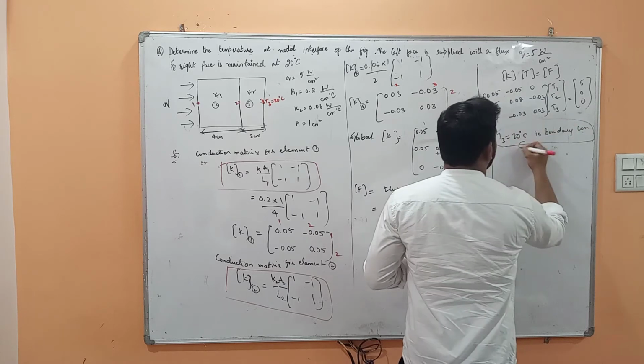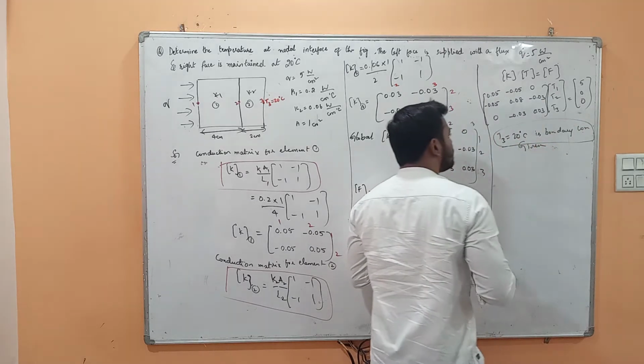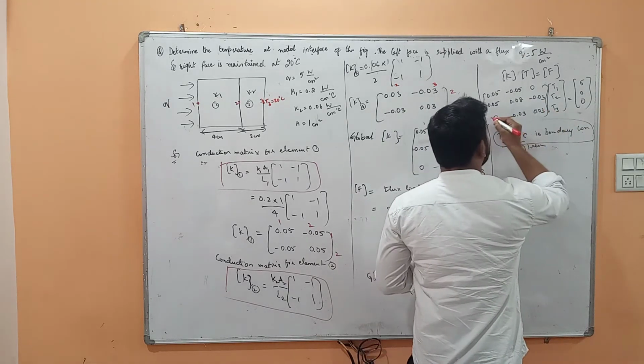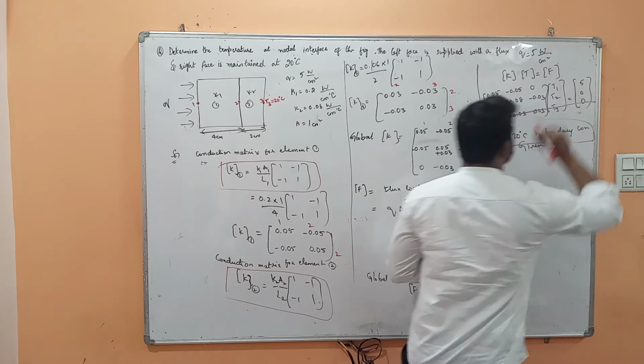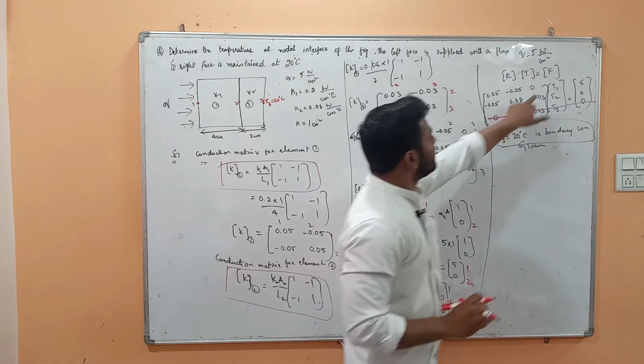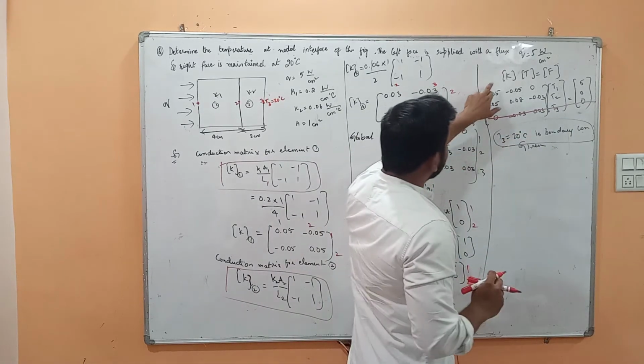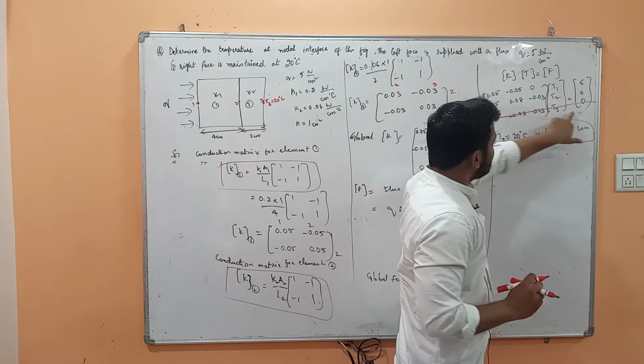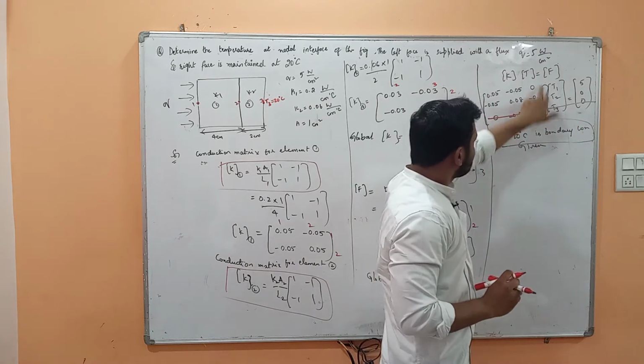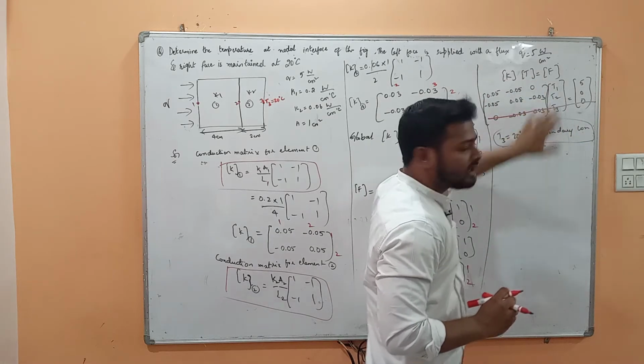This is given. So T3 should not be calculated, and we can delete this row. We have to find out only T1 and T2, so we can delete this T3. But since we have deleted row 3, what about the corresponding column 3? Can we delete that?